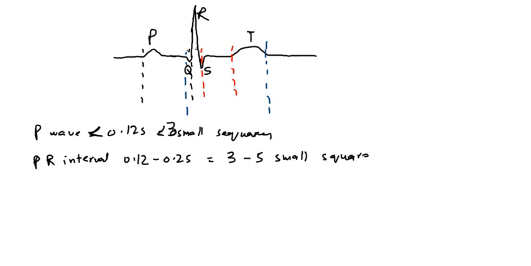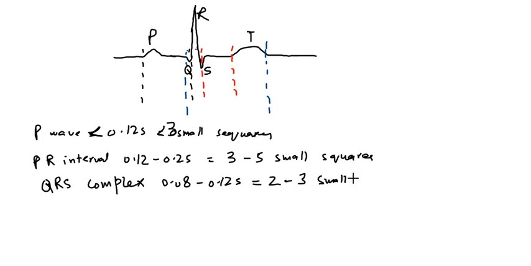Then we have the QRS complex. This is the QRS complex, and it is normally between 0.08 to 0.12 second, almost 2 to 3 small squares. In the last lecture I incorrectly mentioned the QRS complex as 0.8 second.